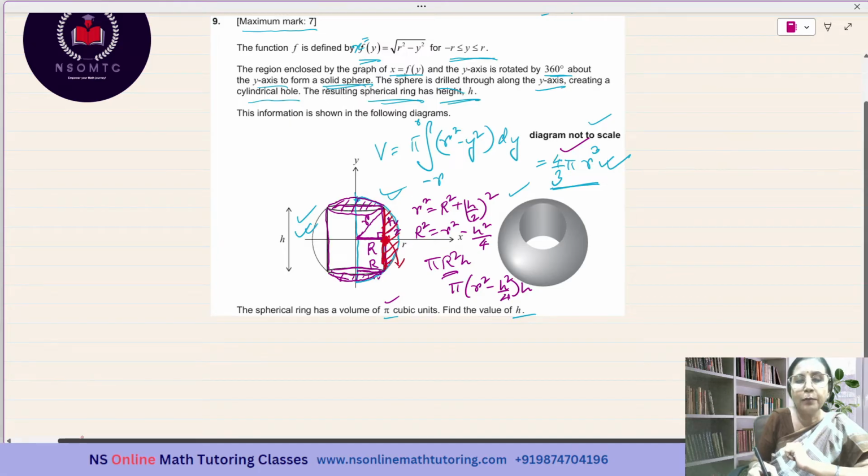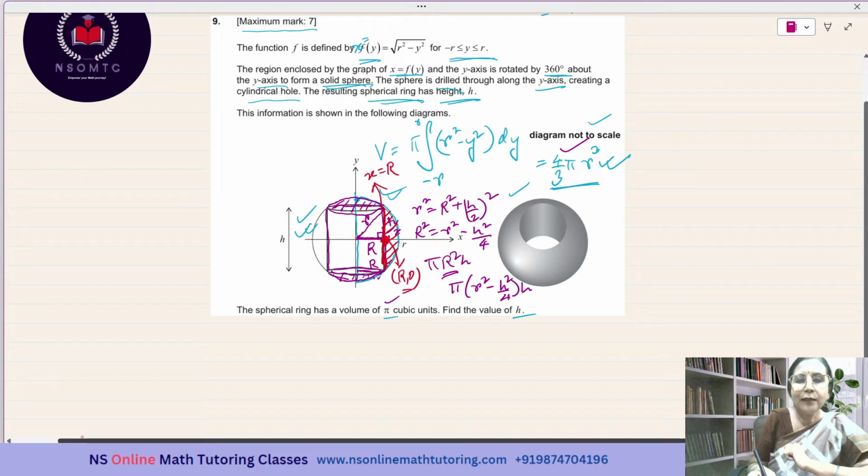Obviously, the y coordinate will be equal to 0 because it is on the x-axis. So the coordinates of this point will be capital R comma 0, because the radius of the cylinder we have taken to be equal to capital R. So the equation of this vertical line will be x equal to capital R.